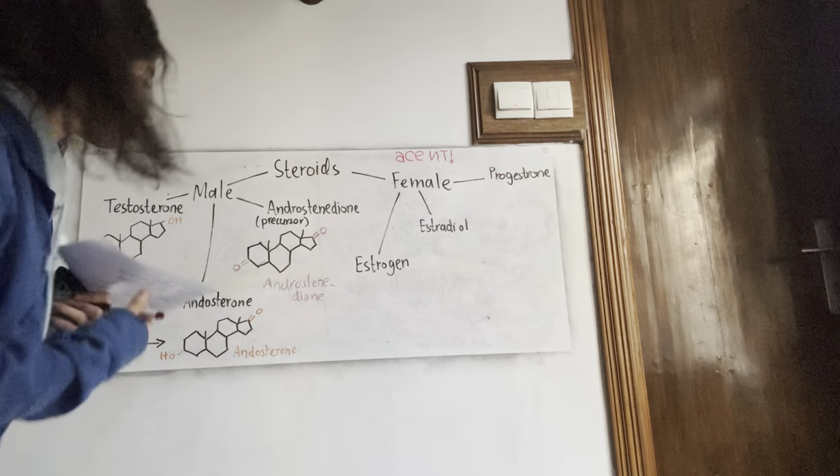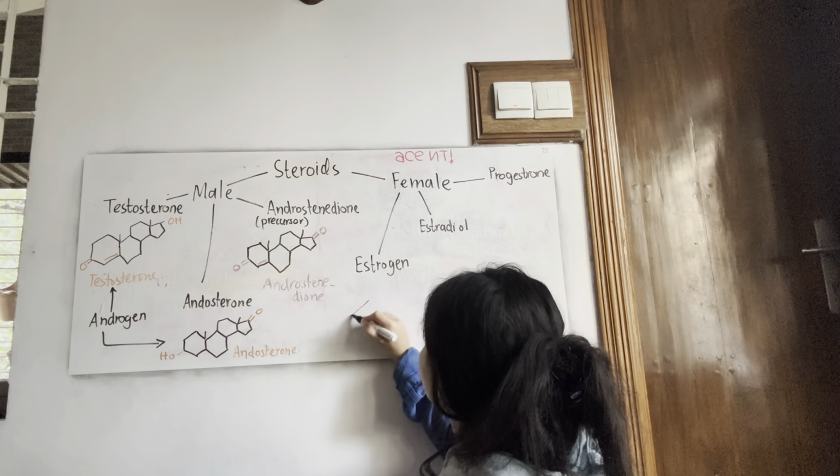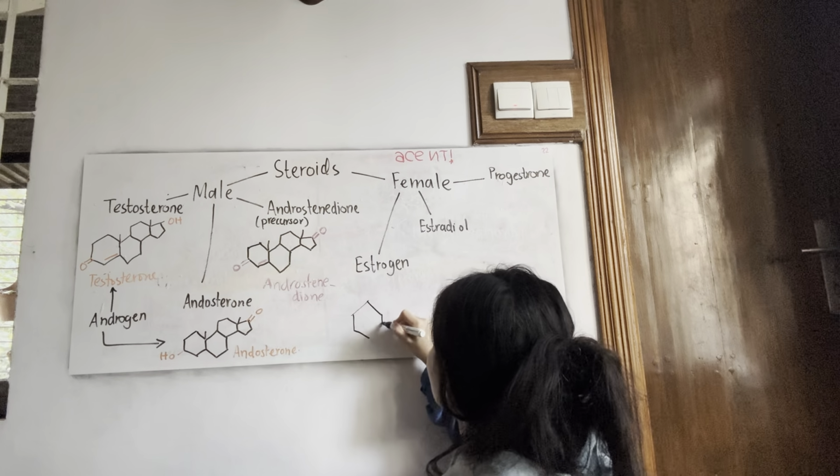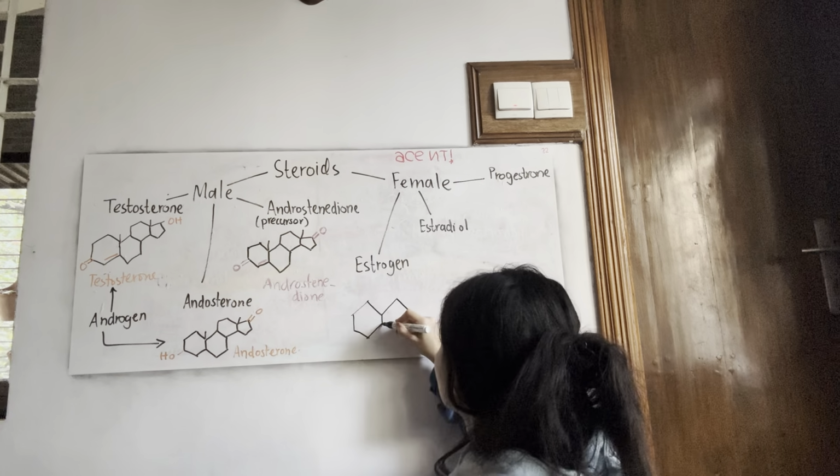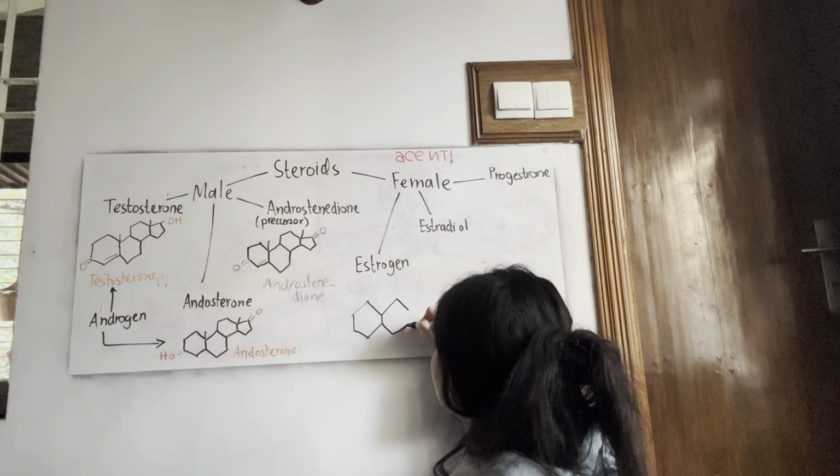Now let's move on to the female hormones, the ones I have, possibly, I don't know. We're gonna draw a steroid again. Oh no, it kind of looks ugly. I want the female ones to look actually pretty. Okay, this one kind of turned ugly. I'm so sorry.